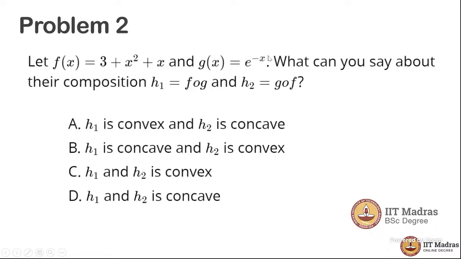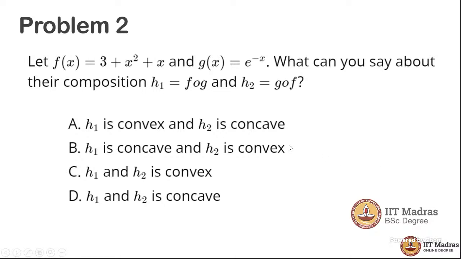Anything to the power of x is convex. g, e power minus x, lies in the first and third quadrant. When you have a squared value, e power minus x squared, that is concave. Okay.